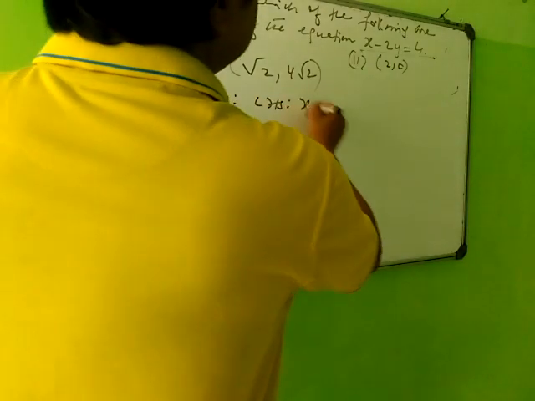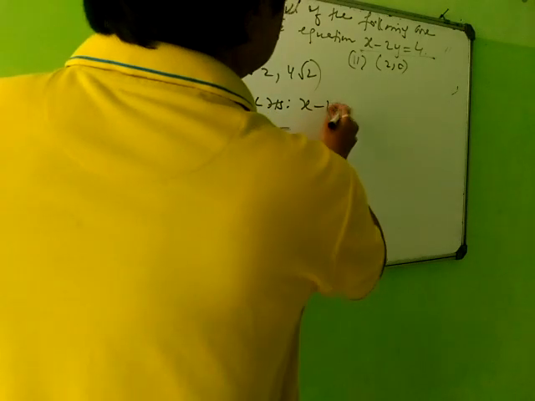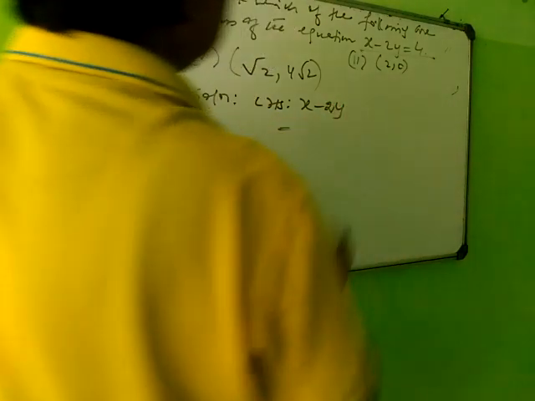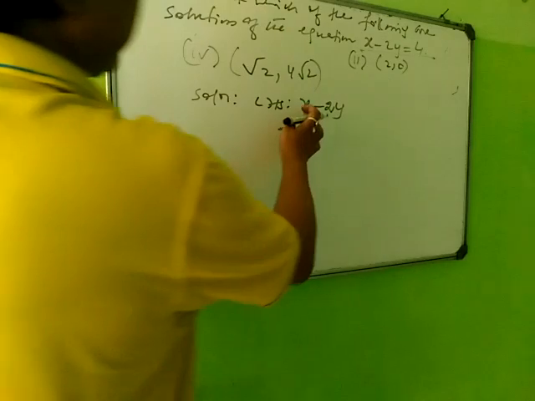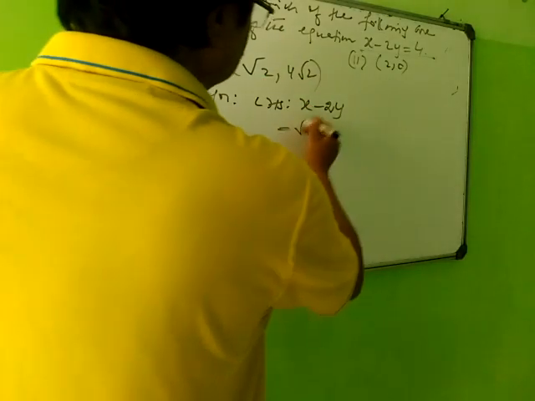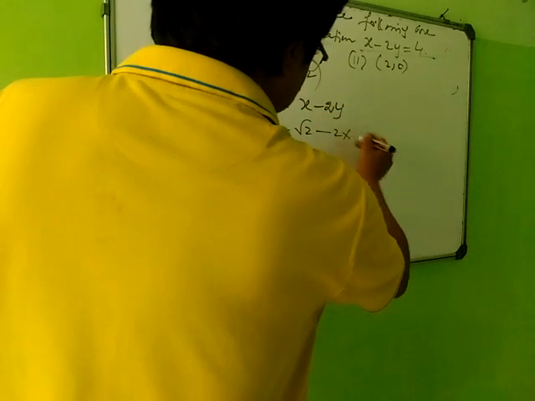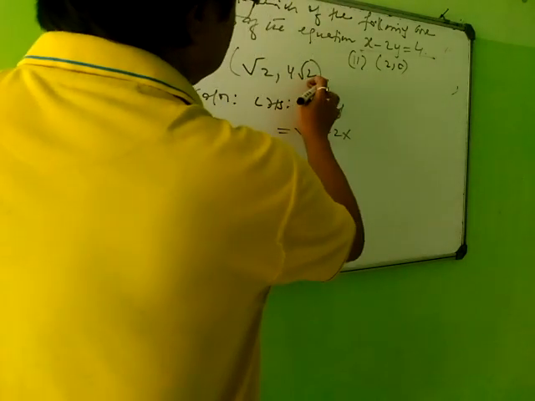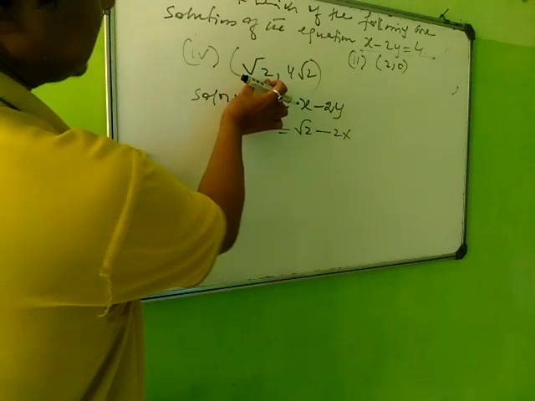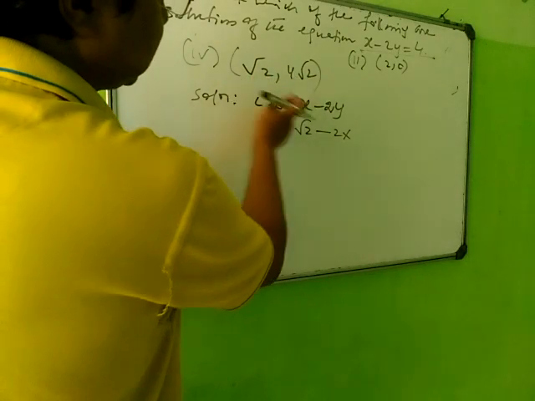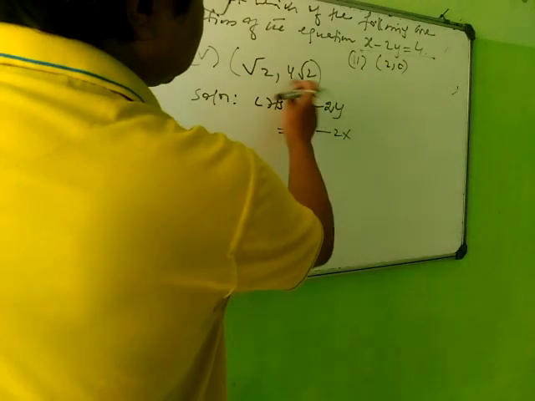Now LHS, so x minus twice y. So here x is root 2 minus 2 into y, which is 4 root 2. So x is root 2, y is 4 root 2.